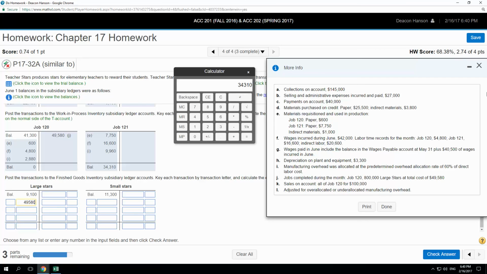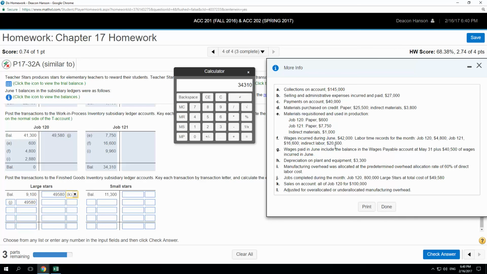So 49,580. And I'm going to go with item J. Now this job sold, so all of job 120 was 49,580 sold in item K. And that's the large stars.